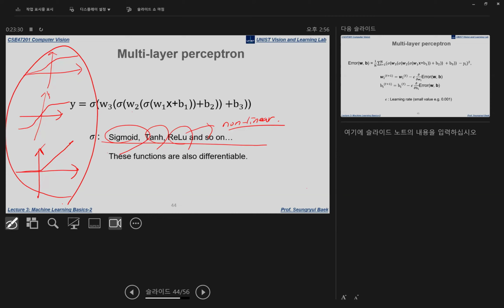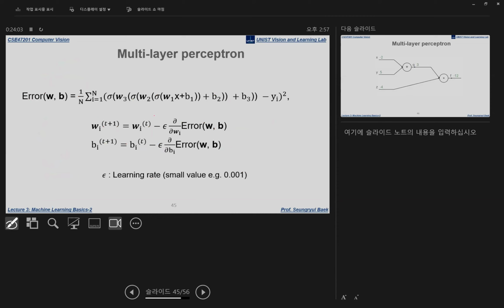Thanks to these intermediate nonlinear functions, we can have nonlinear structures even though the network is mainly composed of linear blocks. Also, I will explain about differentiability later.